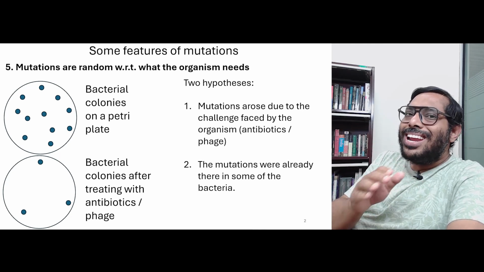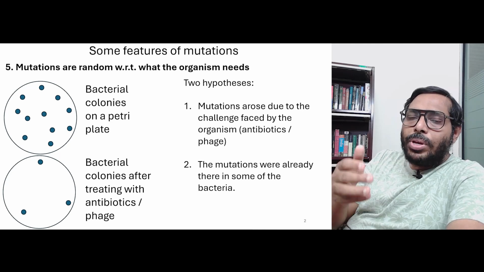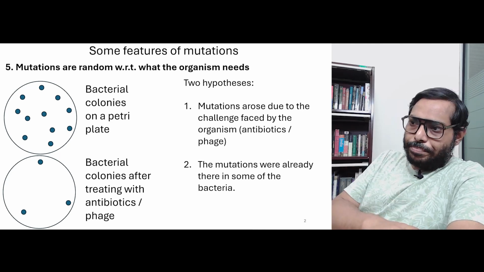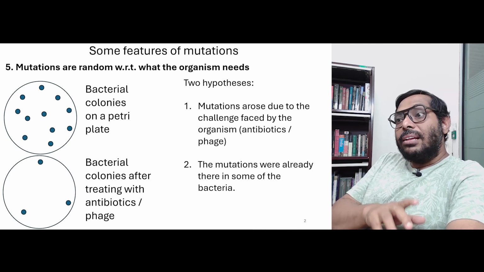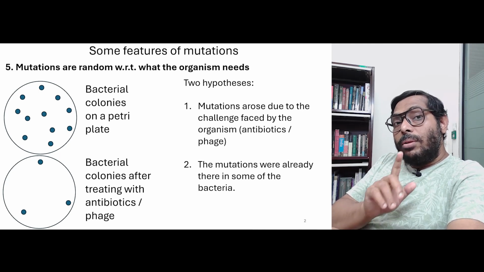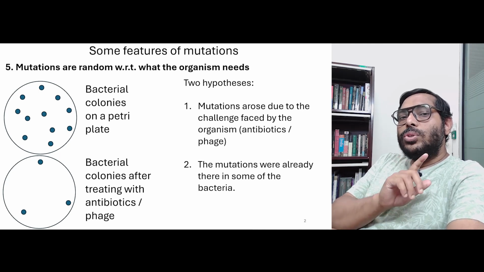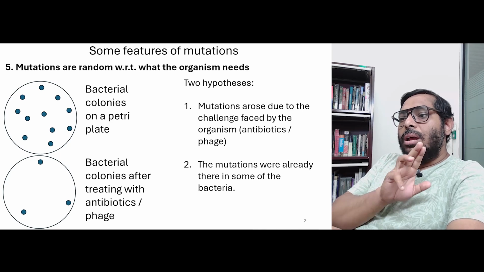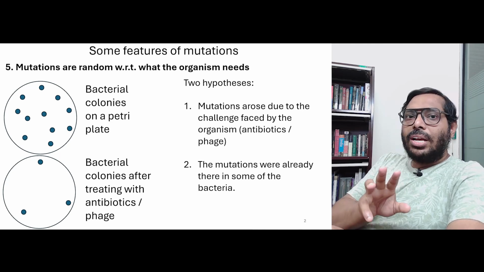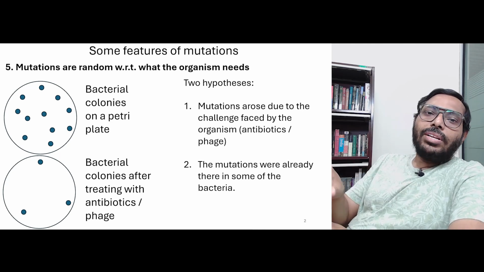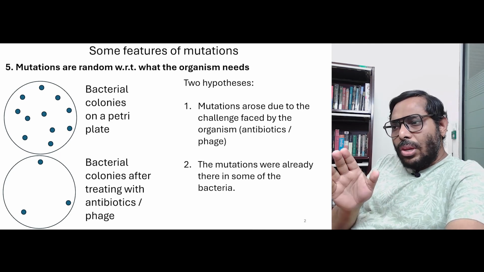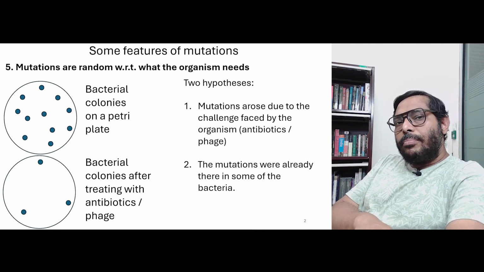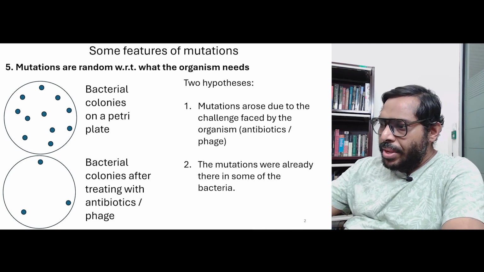You do not really need natural selection to be the causal reason for adaptation. So, if the first hypothesis is correct, then mutations will become a very major evolutionary force which leads to adaptation. But if that one is not correct, then of course what Darwin said about natural selection will end up getting a lot more credit. So, that is why this was a very big question in biology.